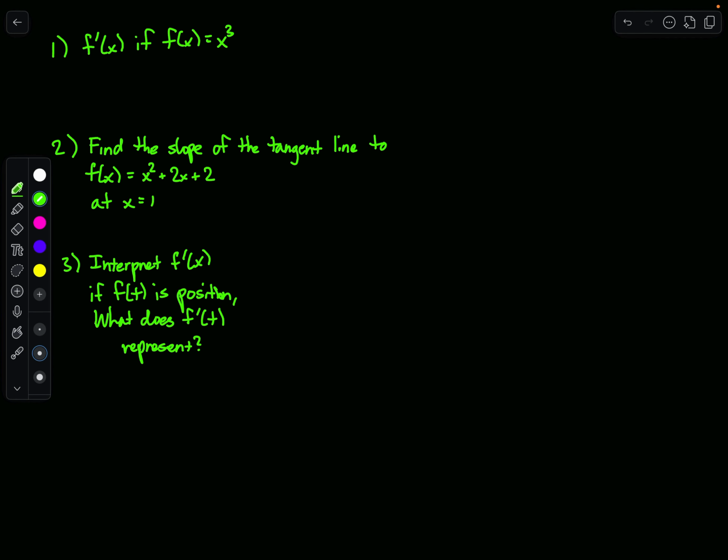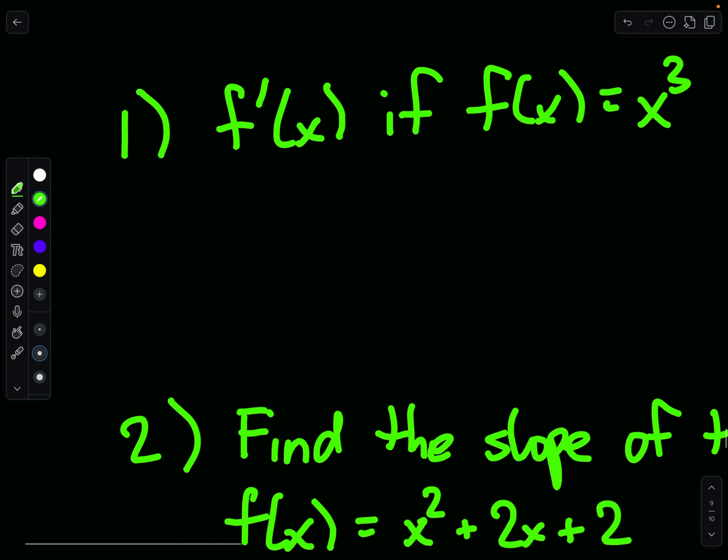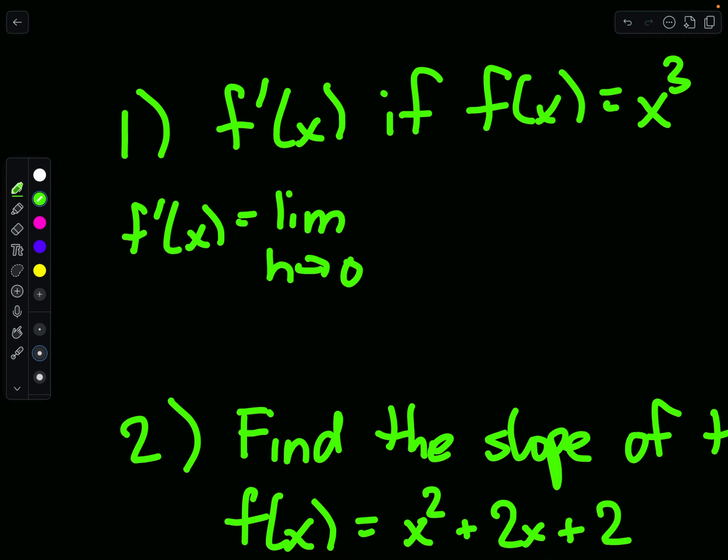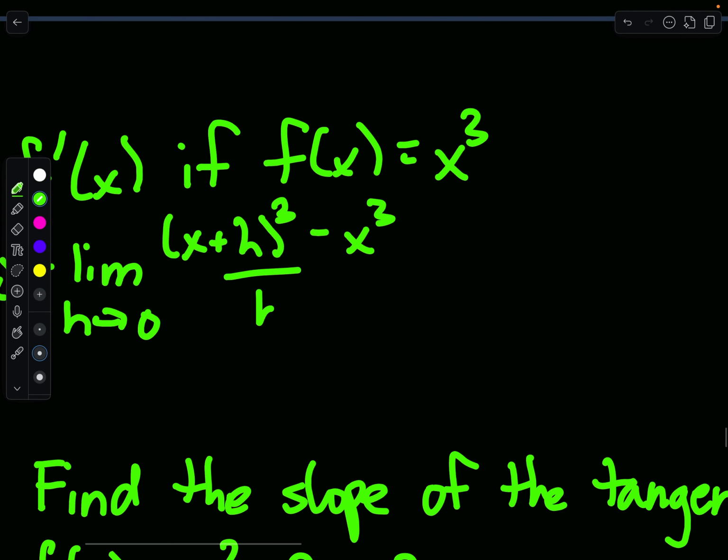Welcome back. So for the first one, we use our definition. f prime of x equals the limit as h approaches 0. In this case, it'll be (x plus h) cubed minus x cubed over h.